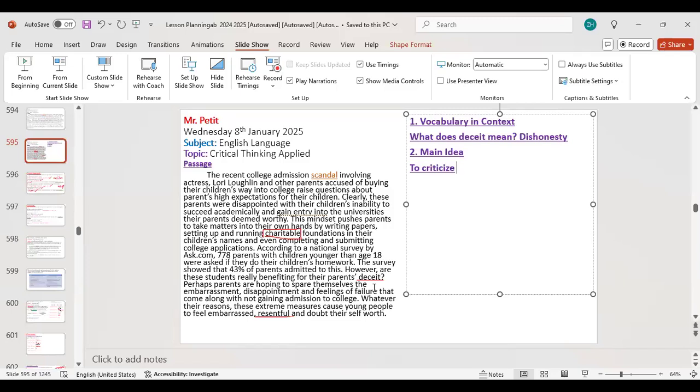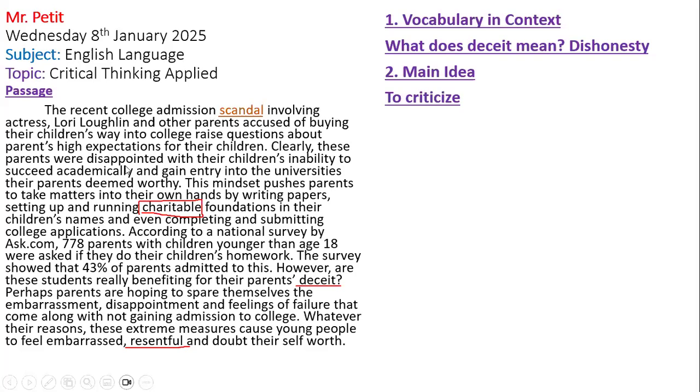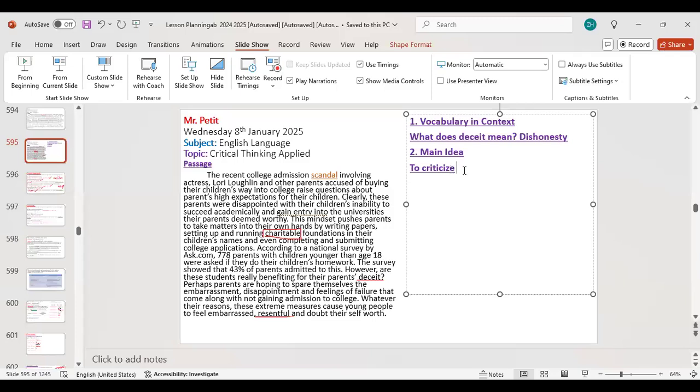Because she said, whatever their reasons, these extreme measures cause young people to feel embarrassed. So she's criticizing what they're doing. And the way you know she criticizes is because she brought out an example of someone going to jail for doing that. So definitely her objective is to criticize.